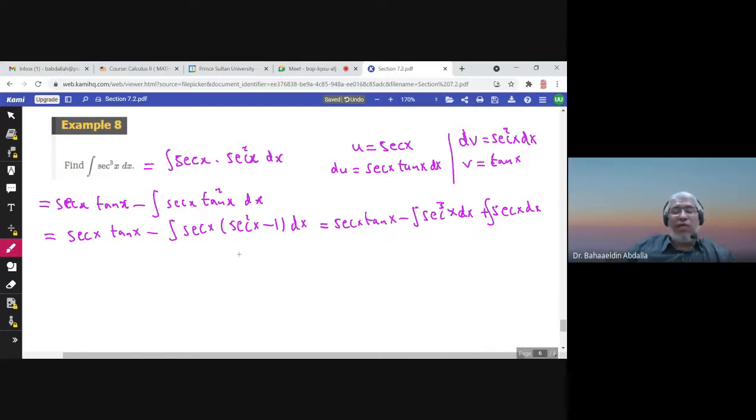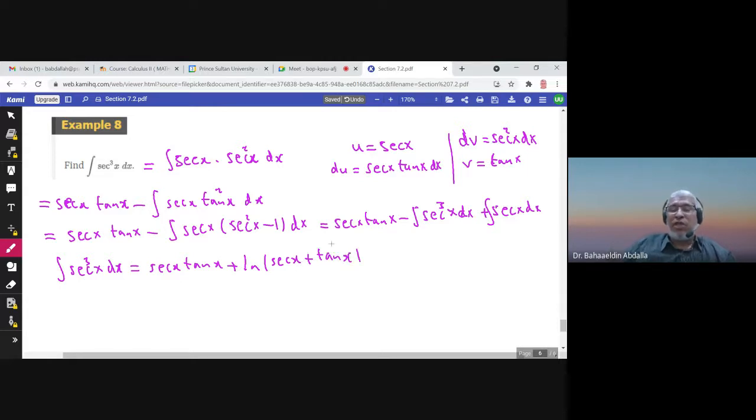So what do I have? I have the integral of secant cubed x dx equals secant x tan x plus, what is the integral of secant x? ln secant x plus tan x.